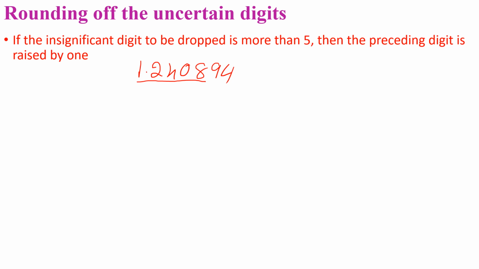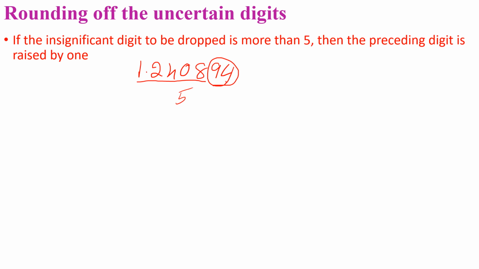But whether you simply drop the remaining 94, there is a rule. The remaining digits are insignificant now. Now which is the next number? This is 9. Whether it is less than or more than 5, it is more than 5.